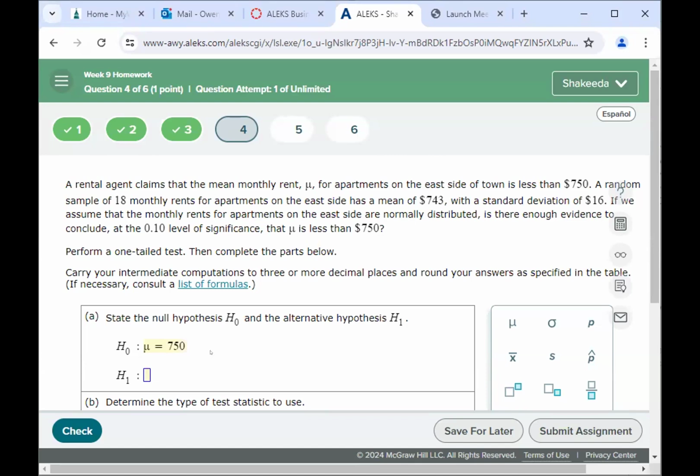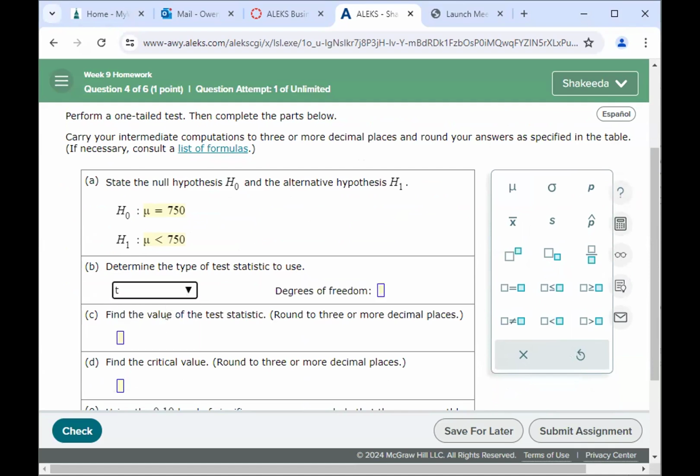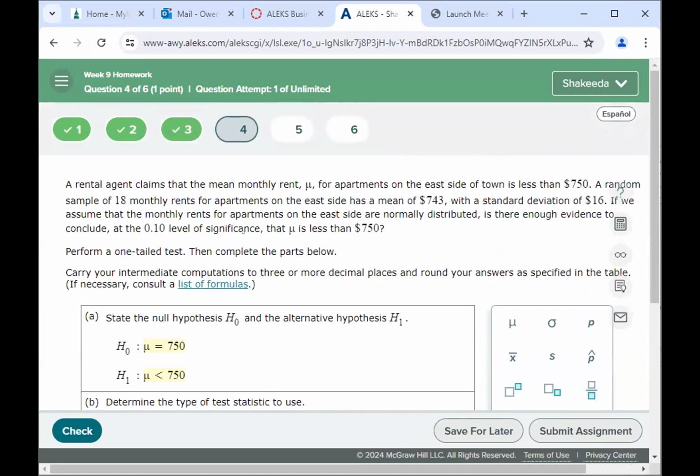So this is going to be less than the mu. Let's see, 750. T. And degrees of freedom, we have 18.